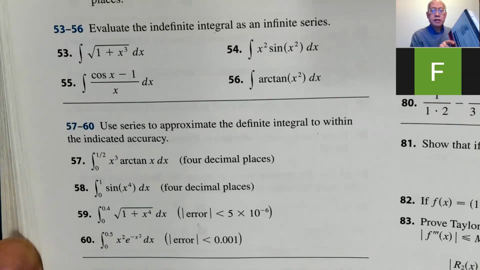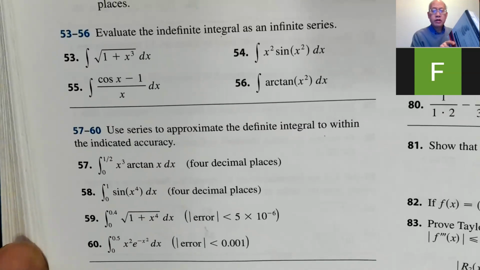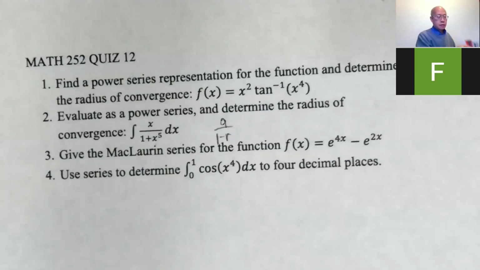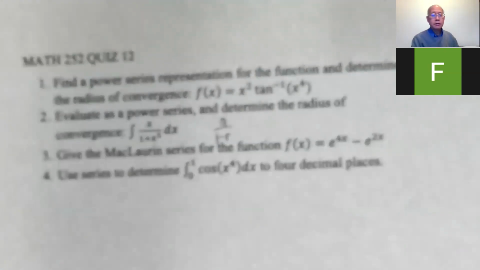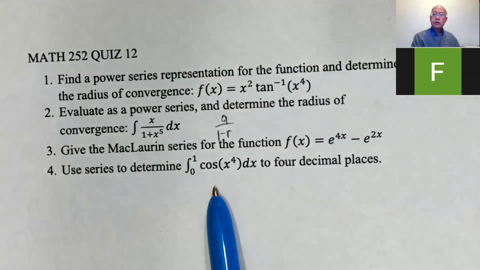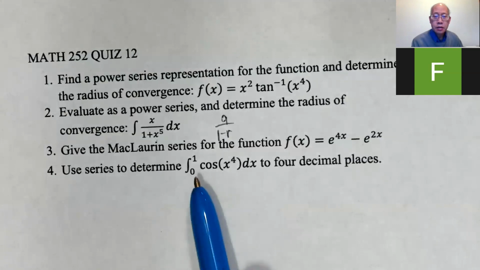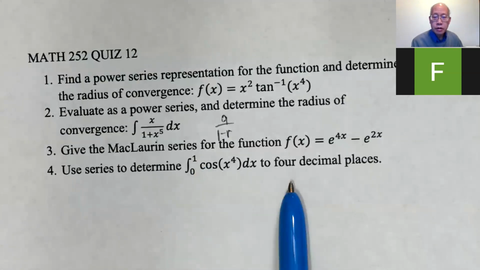Integral from 0 to 1, sine of x to the 4th dx, 4 decimal places. The only difference is this is cosine. So do the exact same thing, follow the exact same format. Look at what we did for sine of x to the 4th dx. It's also from 0 to 1 to 4 decimal places.